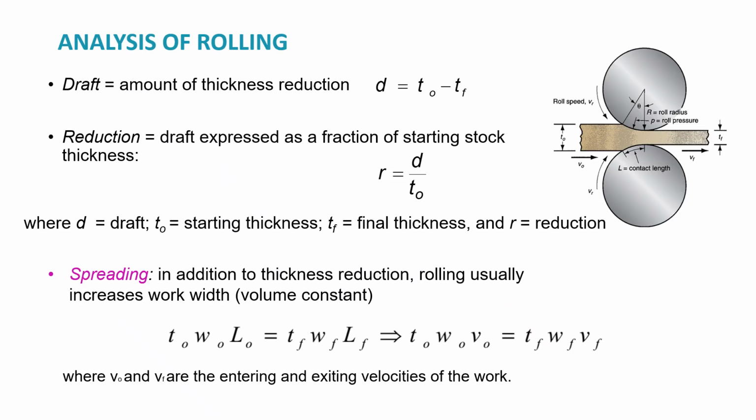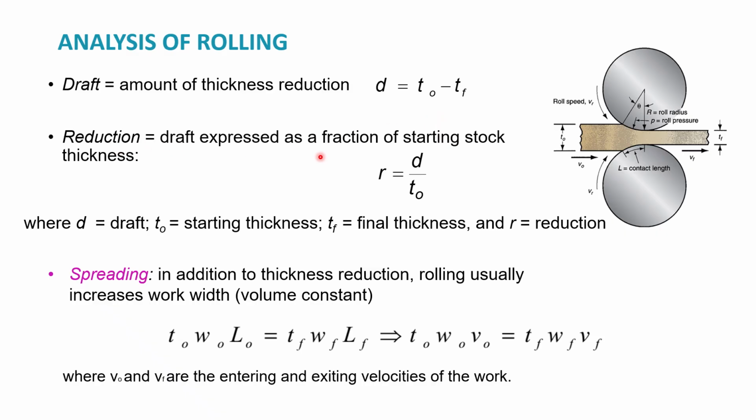So let's start to do the basic analysis for the rolling process. The first term we're going to learn is the draft. The draft in the rolling process is the difference between the initial thickness and the final thickness. In our example, this value is 25 minus 22, which is 3 millimeters.